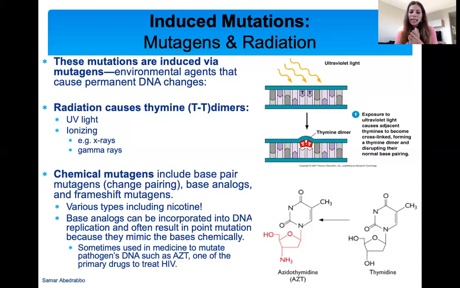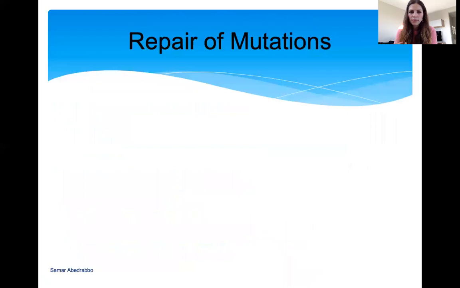And once they take it in, this can affect replication. So one of the first drugs to be used with HIV treatment was AZT. And so here we talked about, again, how we can induce mutations. These are not spontaneous, and you can induce mutations through radiation or through different chemicals.